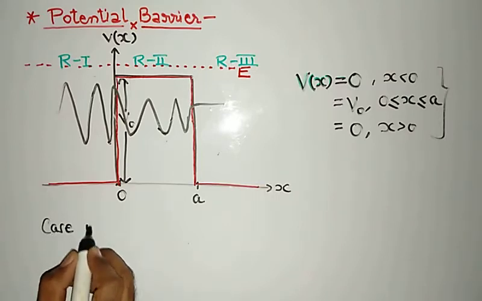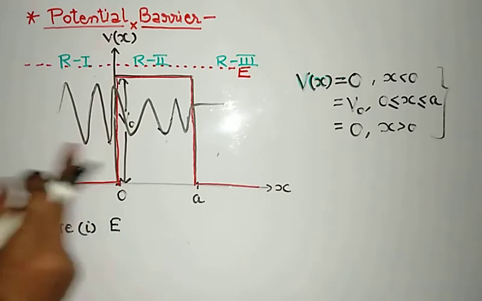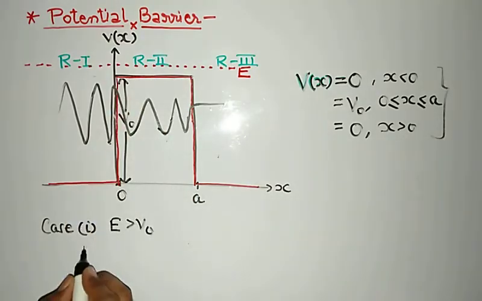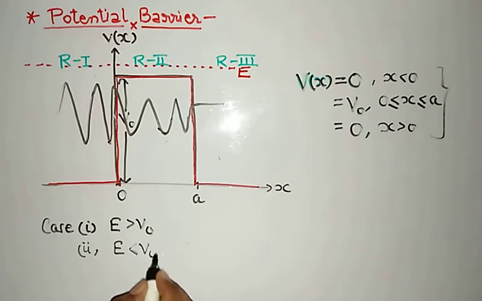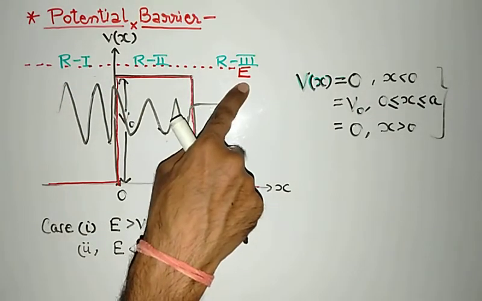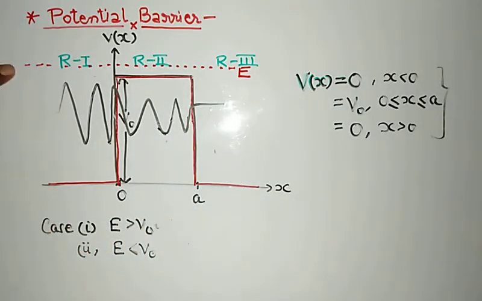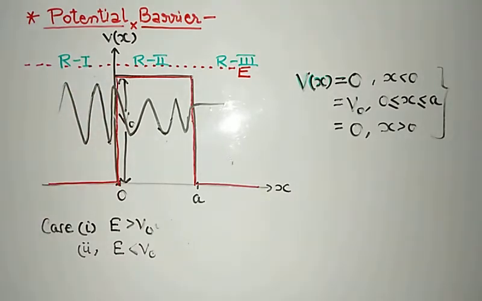Case first, when the energy of the incident beam of particles is greater than the potential height, and second case is when the energy of this beam of particles is less than this potential height. So, we will first consider case 1, and for that I have drawn here E. This represents that the energy of the particle is higher than the potential height.